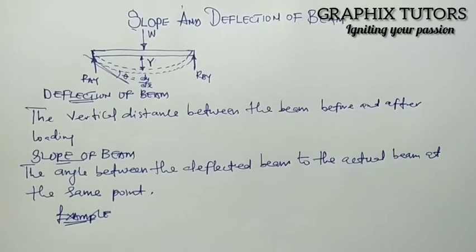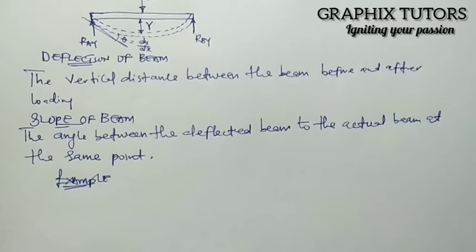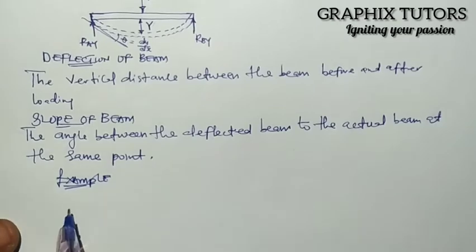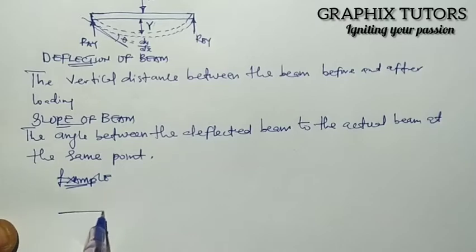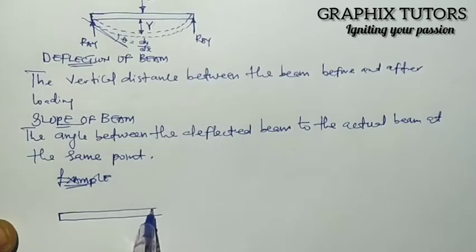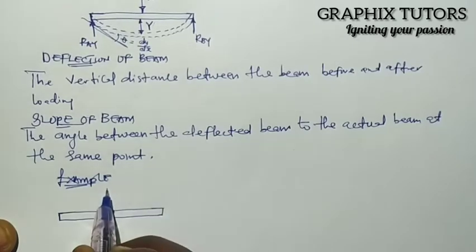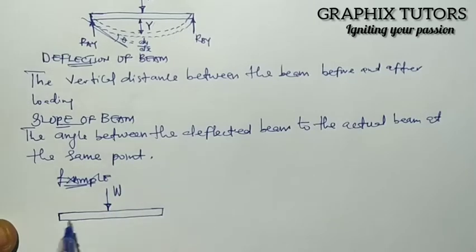So example 1, let us consider this beam. It has a weight on it, which is called W, and we have the reaction here at point A, which I will call RAY.